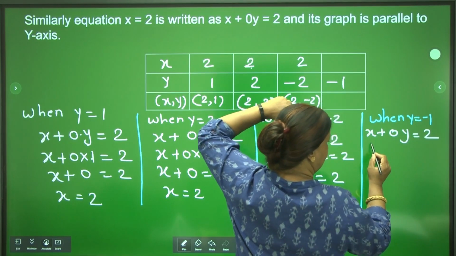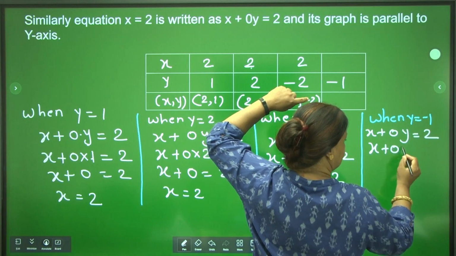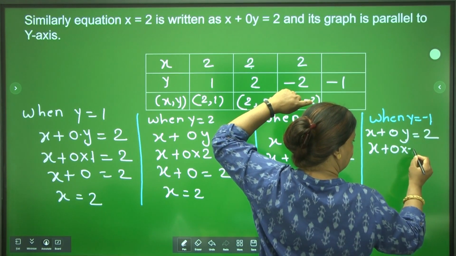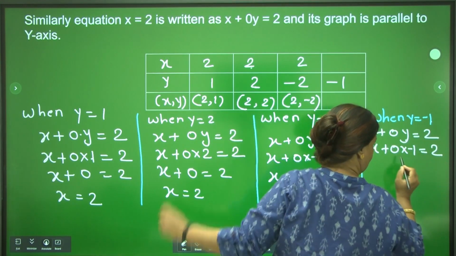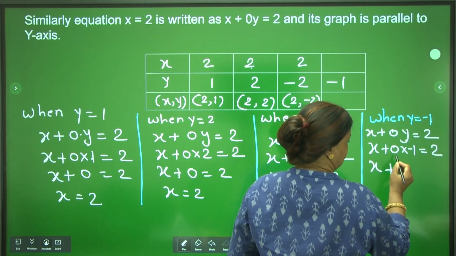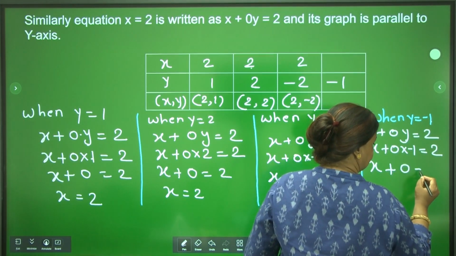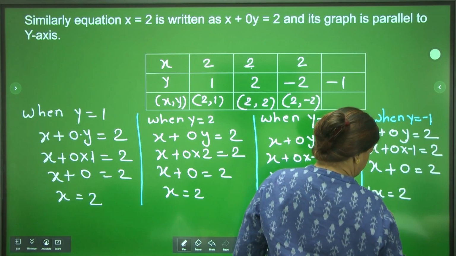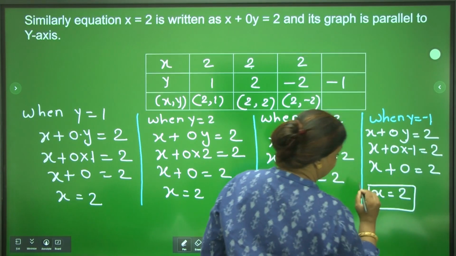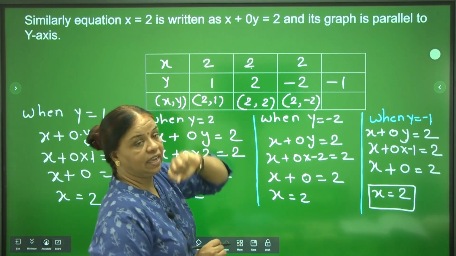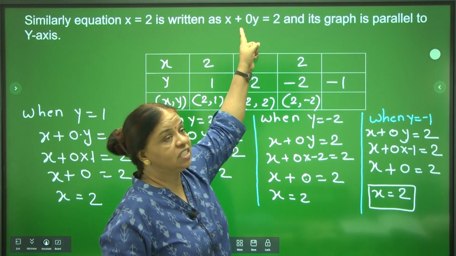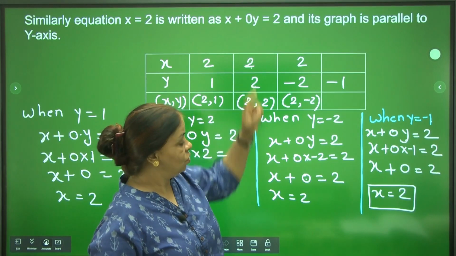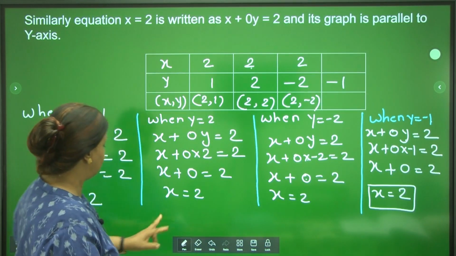Place the value here: x plus 0 into y value, which is minus 1, is equal to 2. So x plus 0 into minus 1, which is 0, is equal to 2. Therefore x is equal to 2. And see, since the y variable was not there, the y coefficient is 0, therefore we got all the values as 2 only.